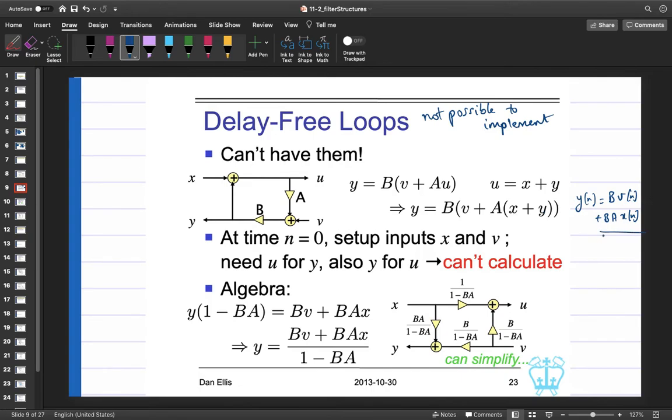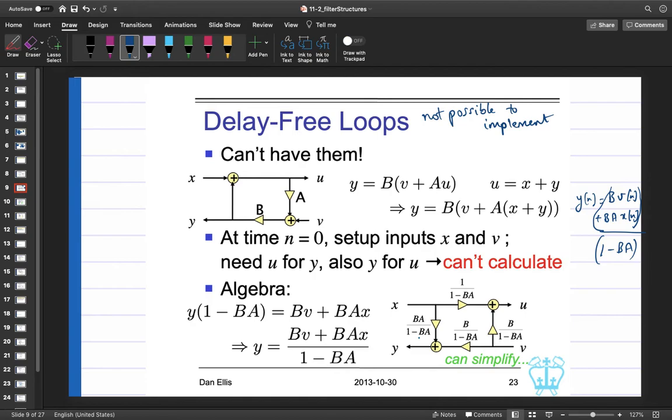So this is 1 minus ba, right? That is it. So this is what is also derived here, bv plus bax upon 1 minus ba. So this is the thing which we have obtained. Okay, and I can implement this implementation, right? This is possible. So there is this figure, there is no loop here, and it is implementable.